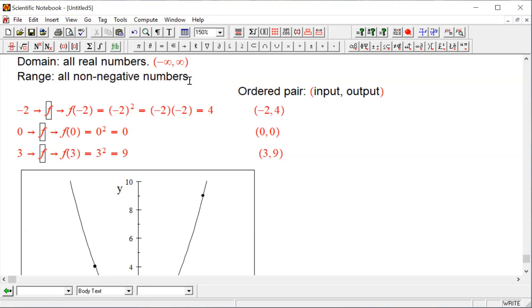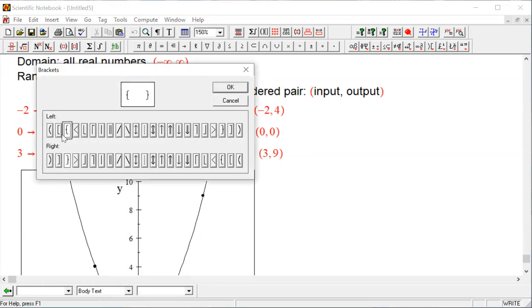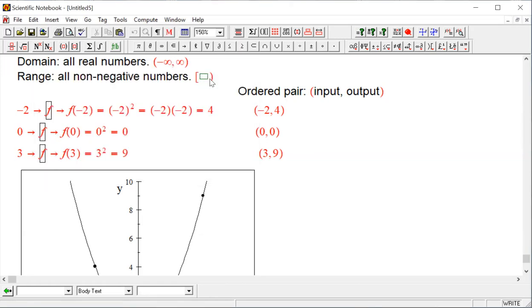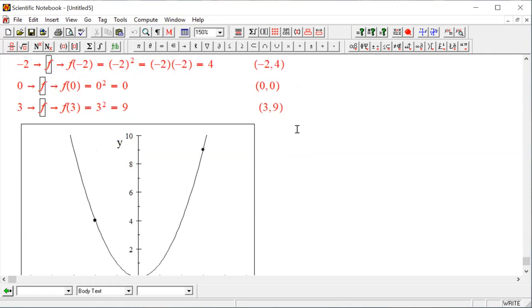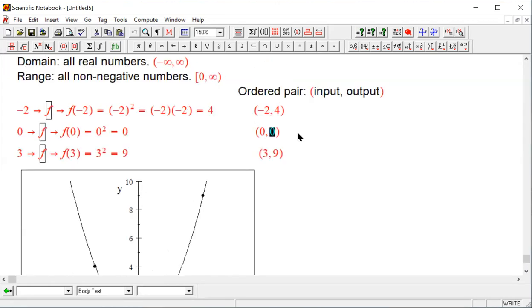It's all non-negative numbers. If you say all non-negative numbers, you are absolutely right. And you can also use mathematical notation to express that, including 0, which is from 0 to positive infinity. Because we could have 0, right? The output could be 0. But the output will never be negative.